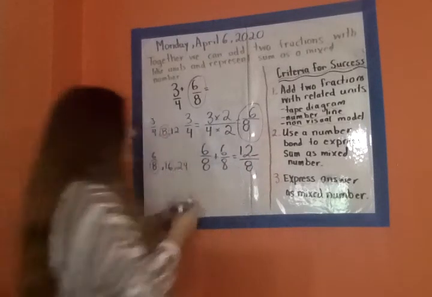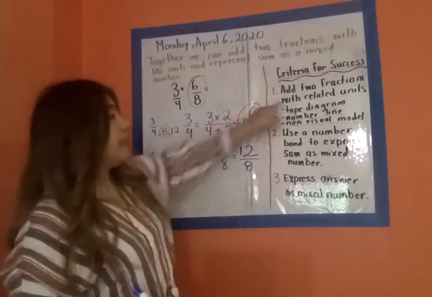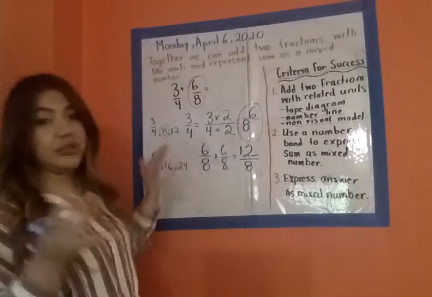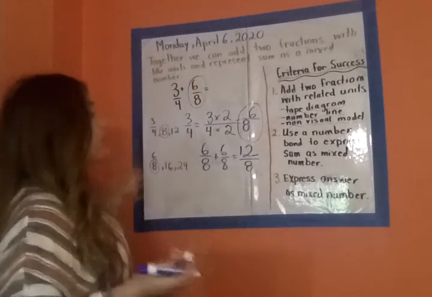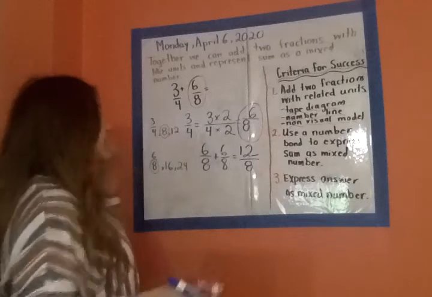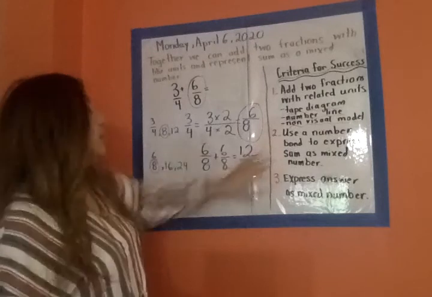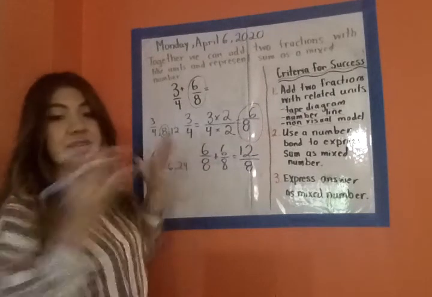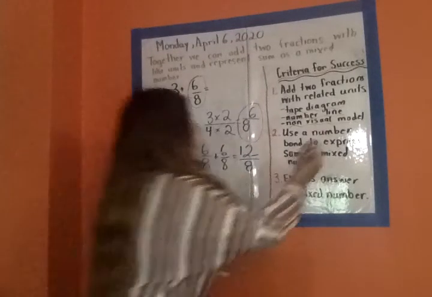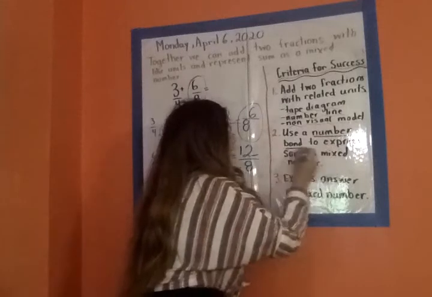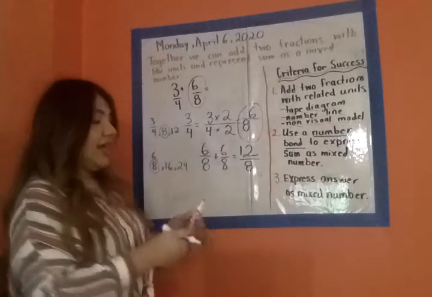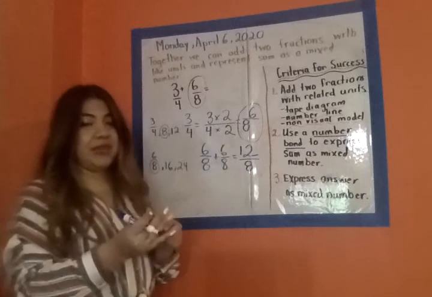Here's the part where I'm adding two fractions with related units. My related units in this case are my common denominators. I didn't have any mixed numbers. I want to use this information to create a number bond. Before you continue with the step though, think about it.